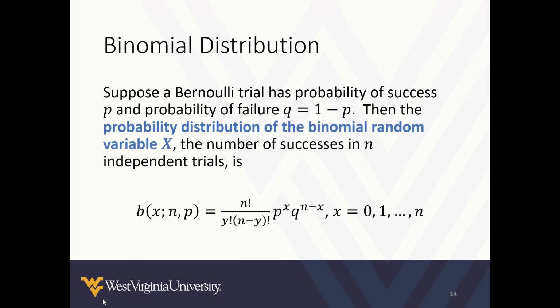So let us suppose a Bernoulli trial has probability of success p and probability of failure q, which is equal to 1 minus our probability of success.